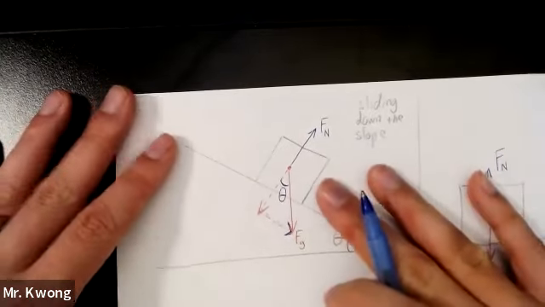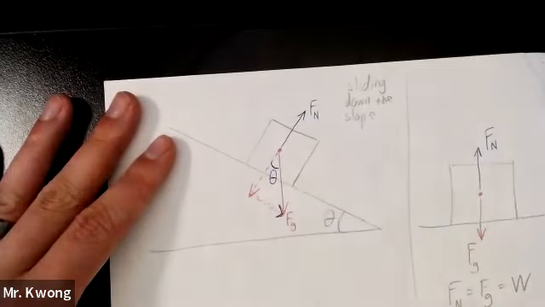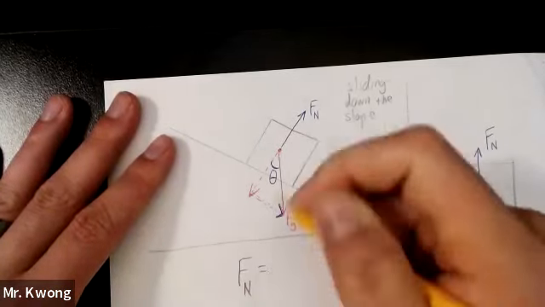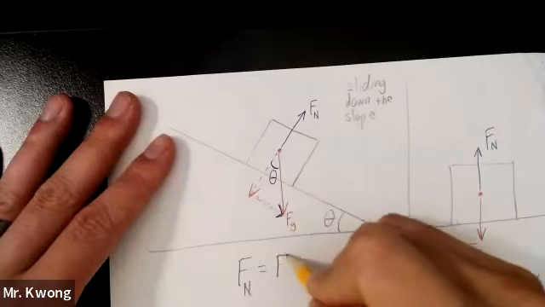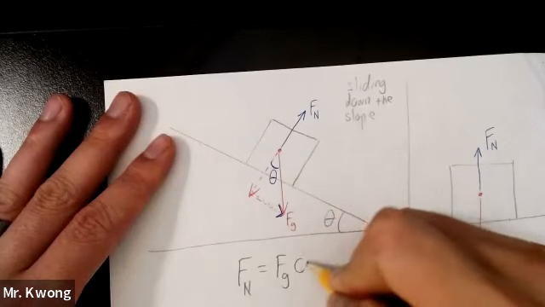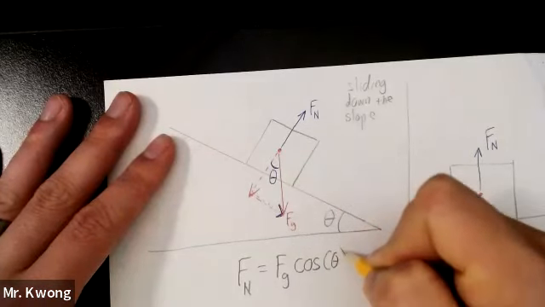So in this case, we would say that the normal force is equal to the force of gravity times the cosine of theta.